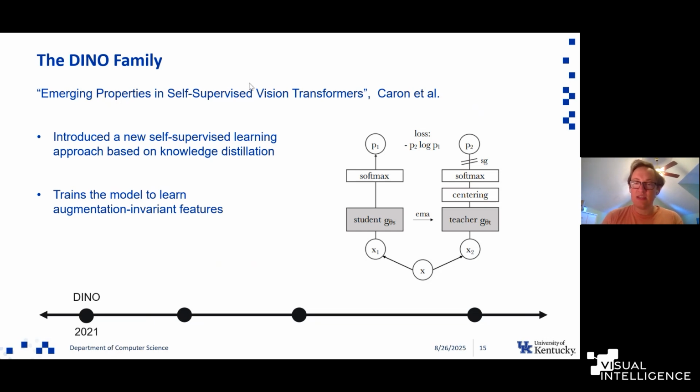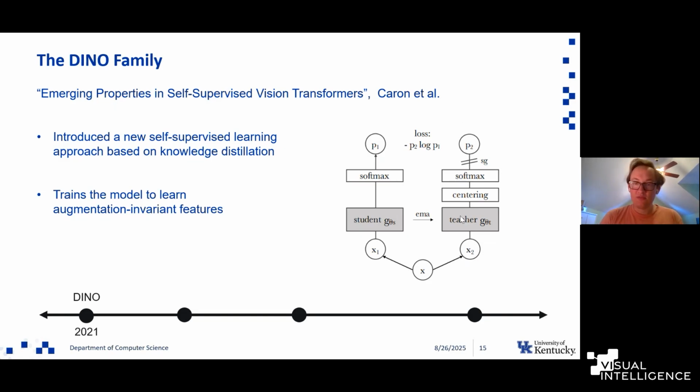The details are a bit technical, but essentially you have a student model and a teacher model shown on the right, and you have some input image X that you augment a couple times. So you add some noise to it, maybe you rotate it, but you have some augmentation X1 and some augmentation X2. The idea is that the representations from the student and the teacher on this image will match.